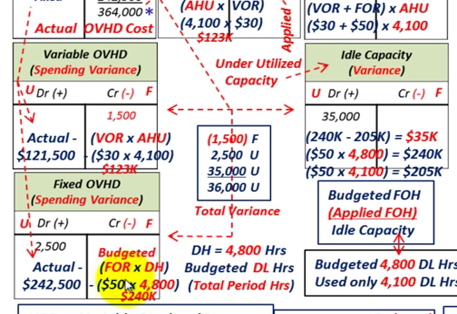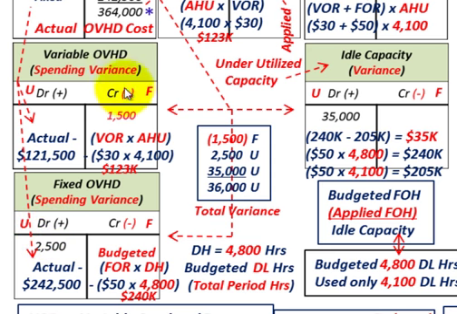So $50 per hour times 4,800 hours is $240,000. So based on our budgeted amount, we're unfavorable. We actually used $242,500 versus the $240,000 that we were budgeted for. So we've used $2,500 more in overhead, which is unfavorable. And that again is our fixed overhead spending variance.